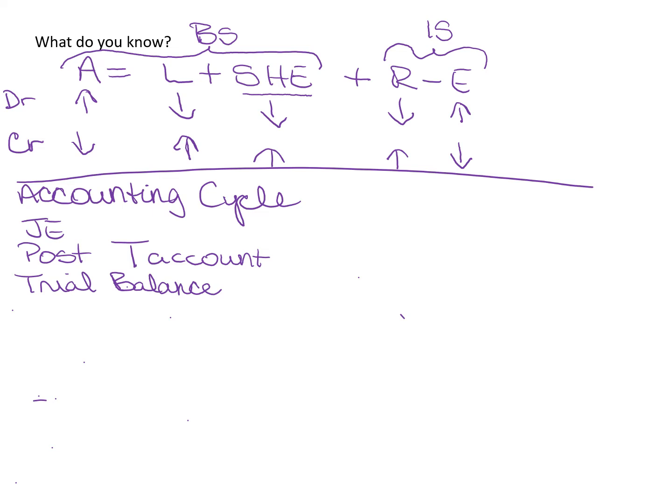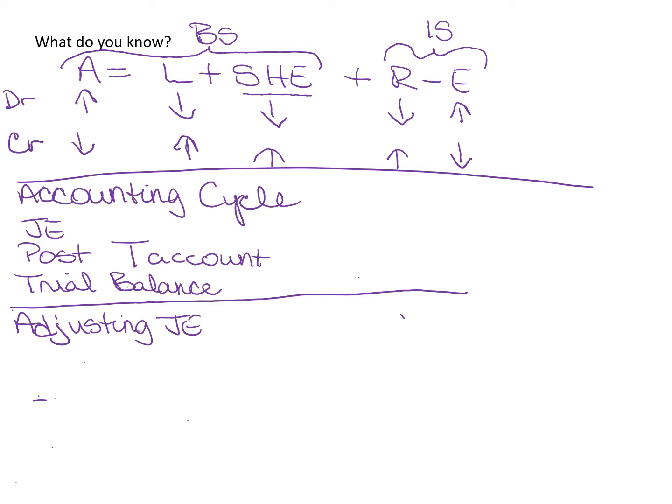It doesn't mean you copied them right, but you copied debits as debits and credits as credits. And you do this every single day until you get to the end of the period, in which case you need to make adjusting journal entries to kind of get everything in its right place.